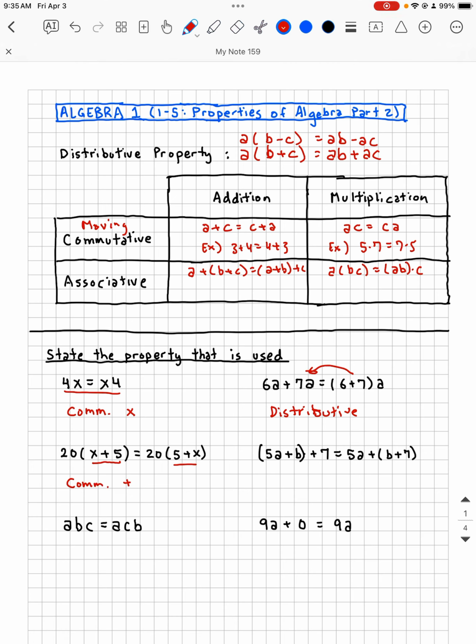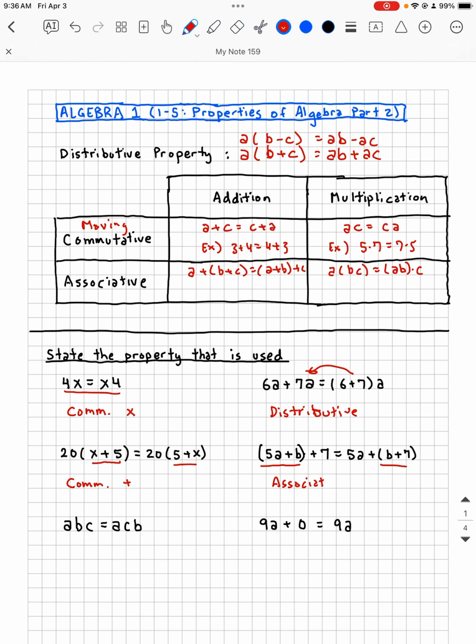So be very careful. Maybe underline what it is that is being changed, so that way you can see it better. Next one, 5a plus (b plus 7) is equal to (5a plus b) plus 7. So note that we have parentheses, and it looks like it's going to be swapped in this case between 2 terms that are going to be different. So to me, that is going to be associative.